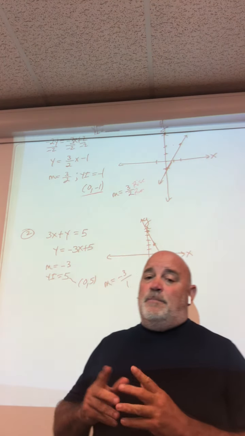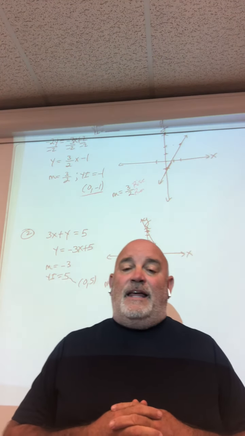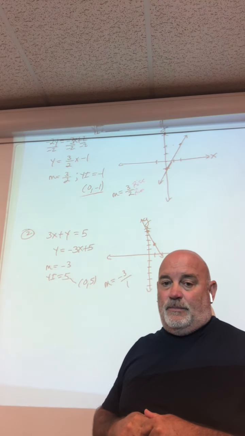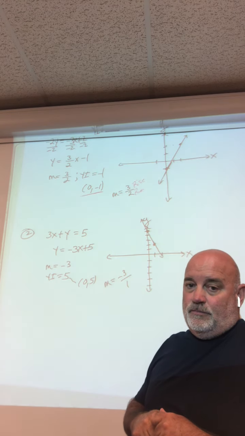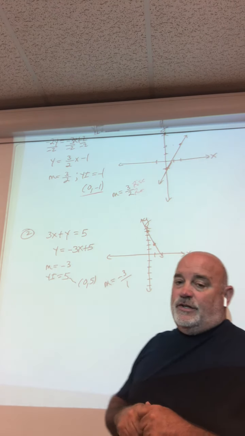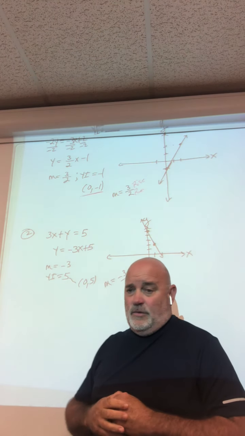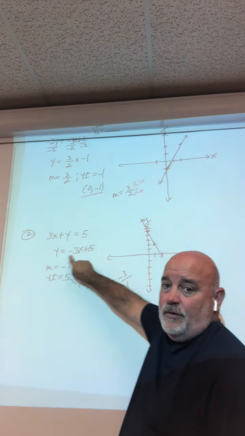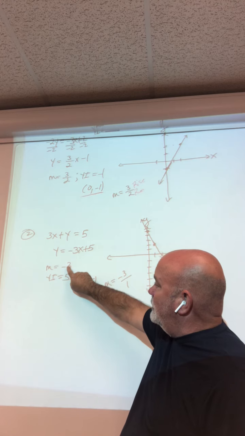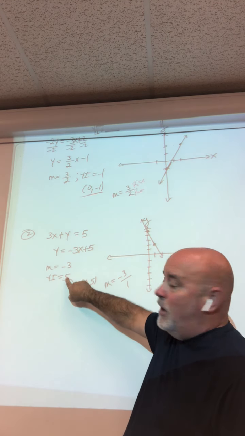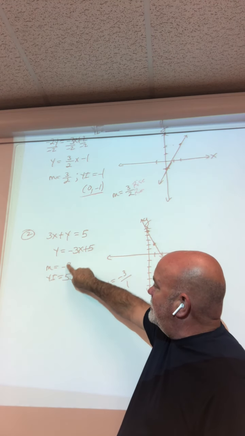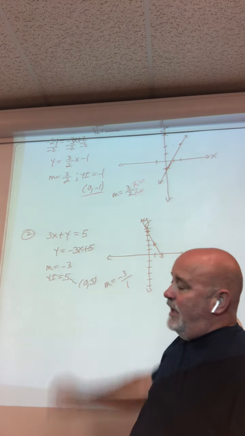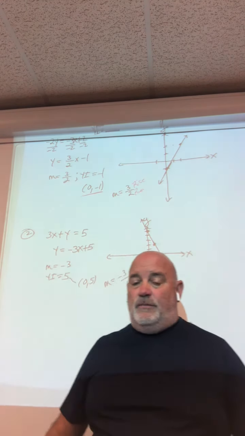All right, let's suppose I gave you the slope and the y-intercept for the problem. Could we go backwards and write the equation? Well, gracious, yes, because here's your equation right here. If I give you the slope and the y-intercept, all you have to do is take this number, plug it in place of m, take this number, put it on the end, and that's your equation.